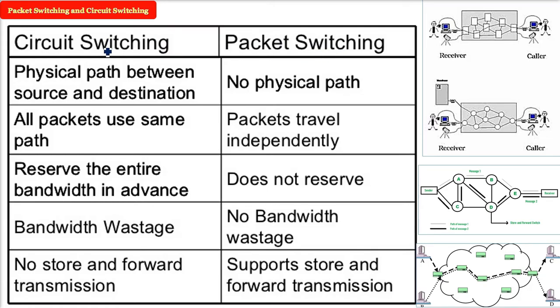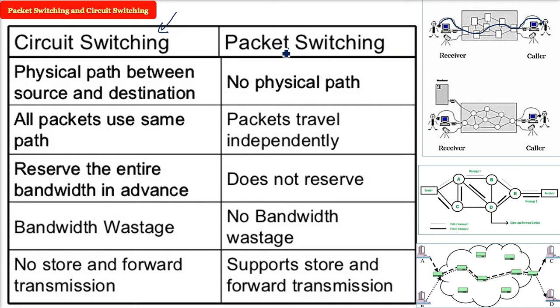Circuit switching is reliable. How? In circuit switching, when you call, there is a permanent route established. That is, the physical path between source and destination is established.